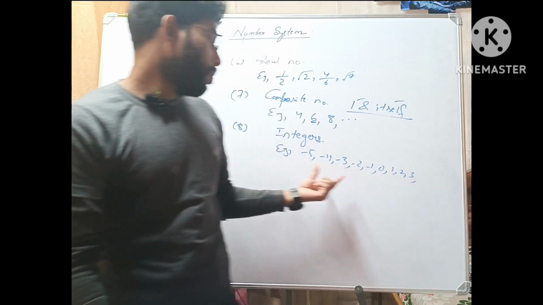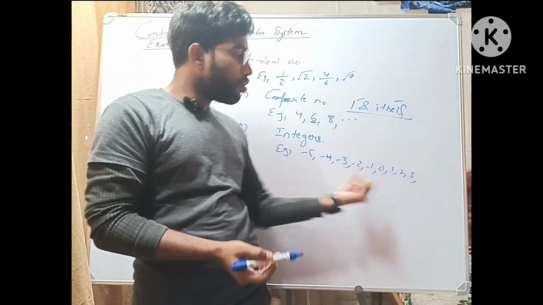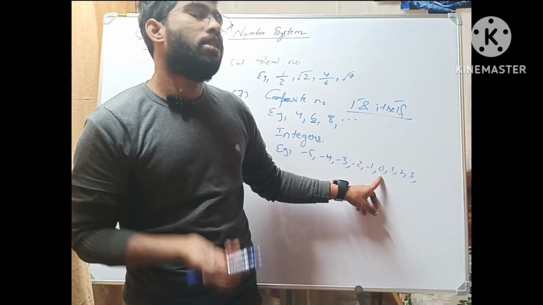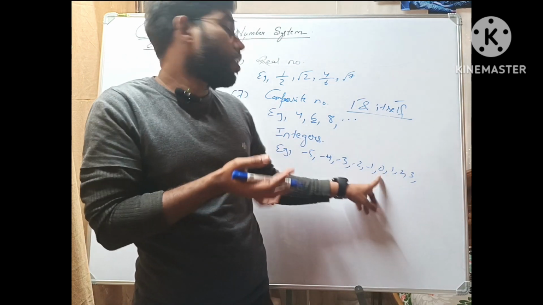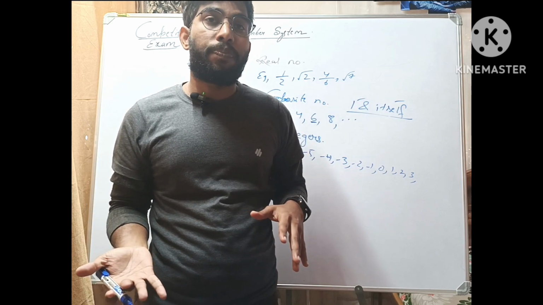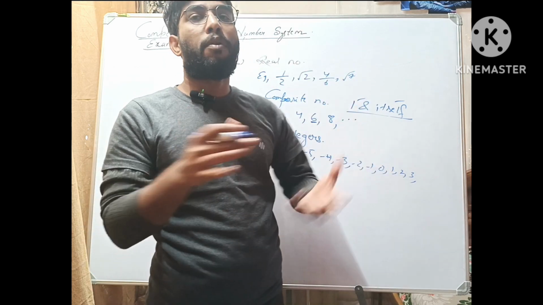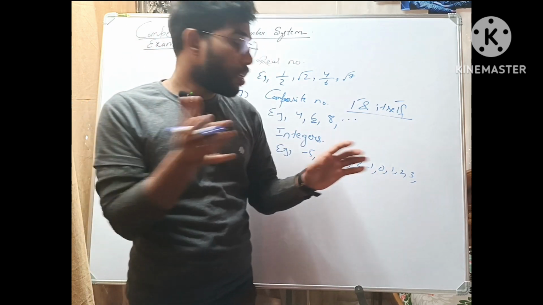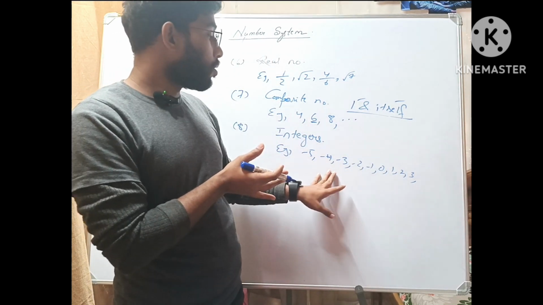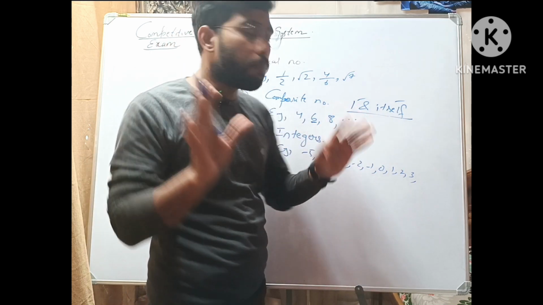So in these numbers you can see you have negative numbers and positive numbers also, and 0 is also included as an integer. 0 is neither positive nor negative, but we are not going to discuss that topic here. But integers are those numbers which will have positive and negative numbers.